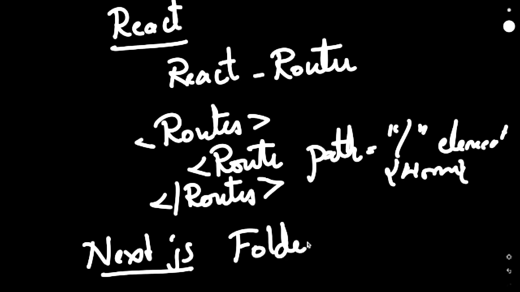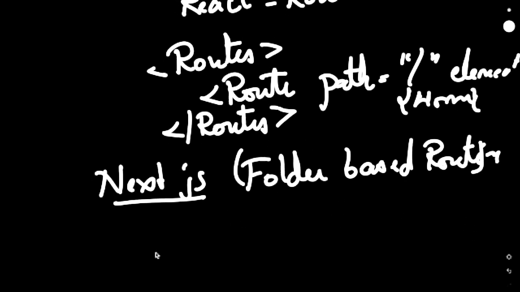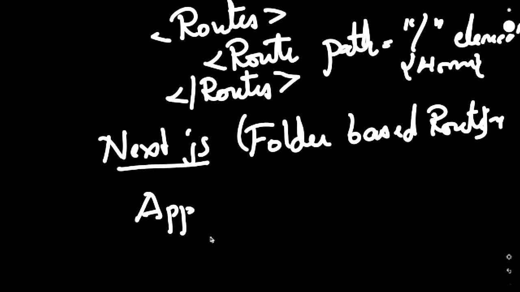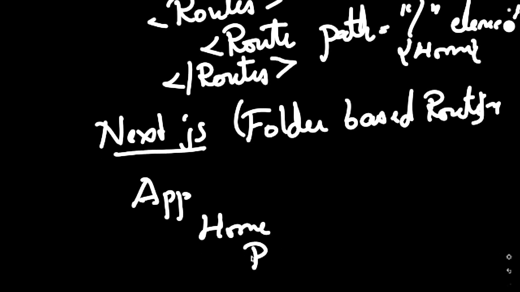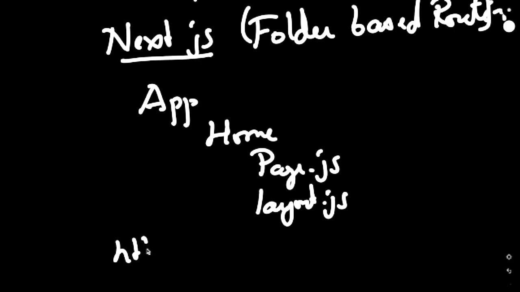Whereas Next.js followed folder-based routing, that is, the routing is done based on the folder structure that you develop. For example, in Next.js, if you have a home folder inside the app folder and you define the functionality in page.js and the layout in layout.js, you could access this page using localhost:3000/home.